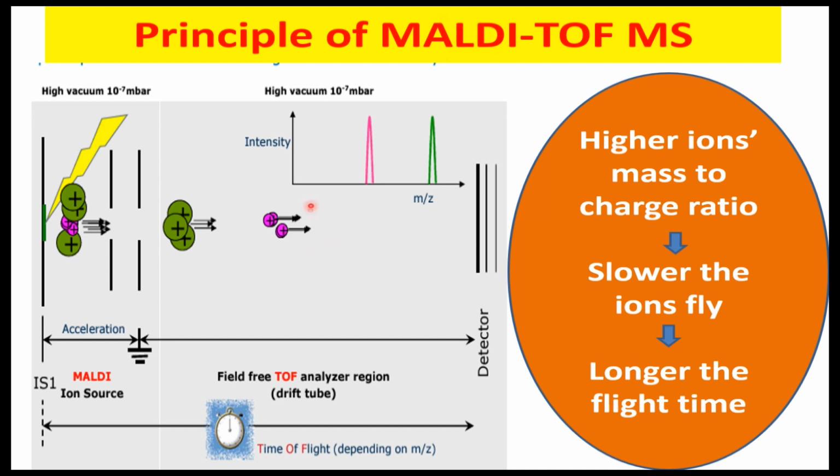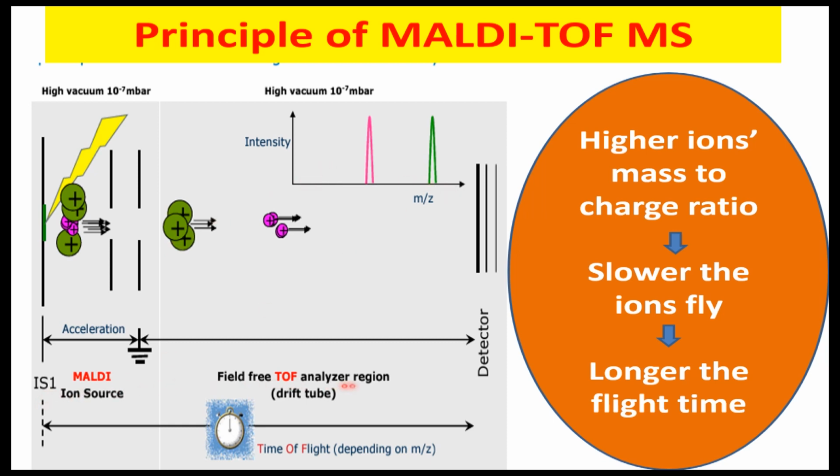As you can see here, this is the origin. Closer to the origin, the pink peak, that is from this pink colored ion, hits the detector faster. So the closer to the zero origin, the pink colored peak is generated, while the green color ion is far from the origin.